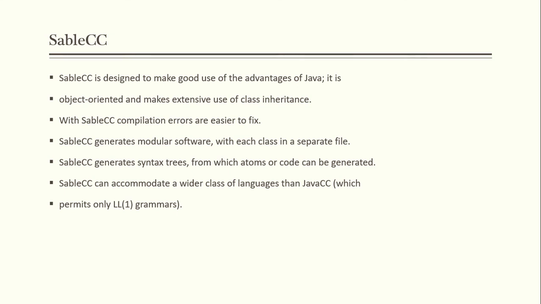It also generates modular software, with each class in a separate file. It also generates a syntax tree. SableCC can do two functions: the lexical analyzer and the syntax analyzer, which are the first and second phases of a compiler.